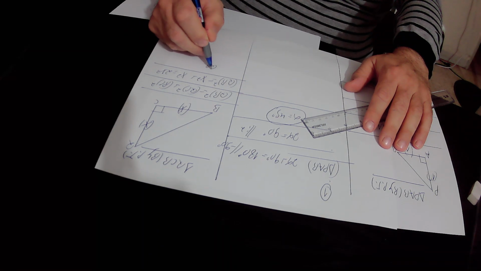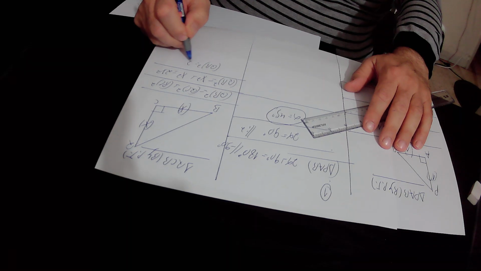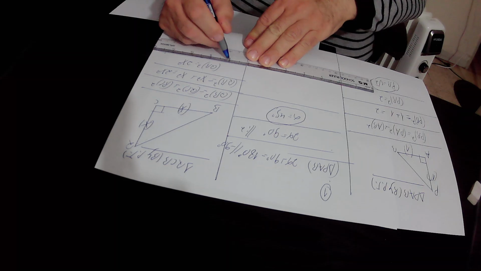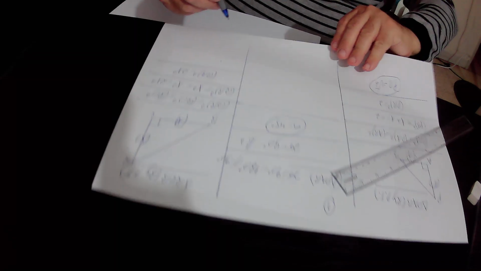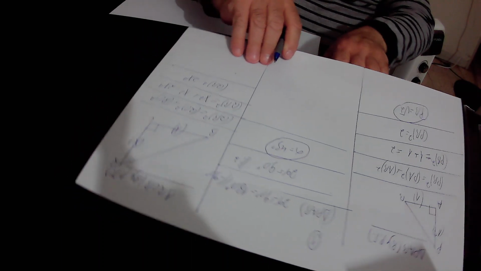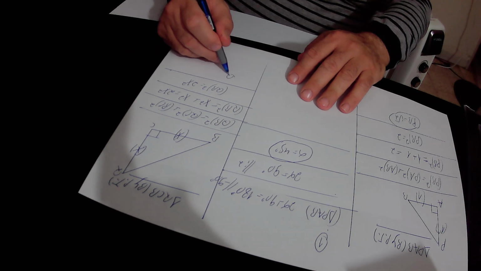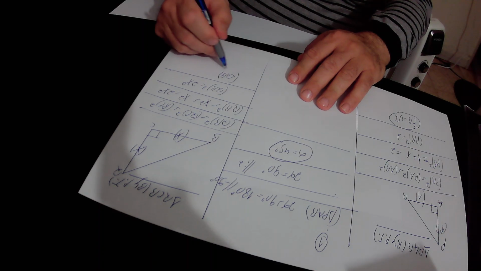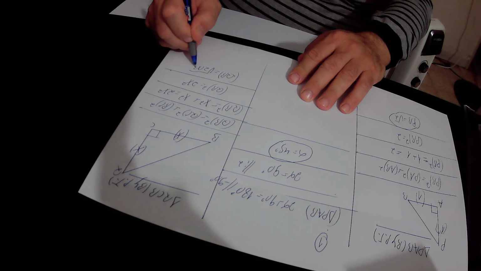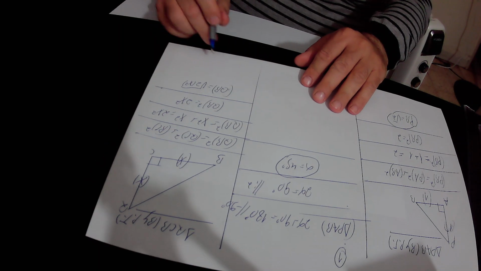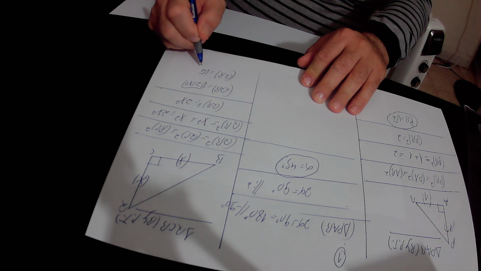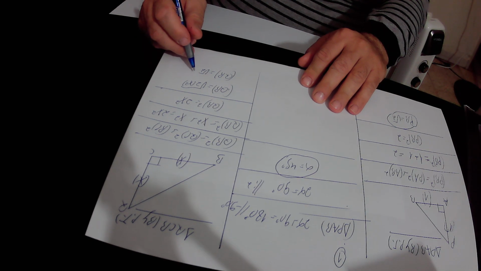Again, QB squared equals 2x squared. We take a root of this equation, and finally we get that QB equals the square root of 2 times x squared. That is to say, QB equals the square root of 2, and the square root of x squared is x.